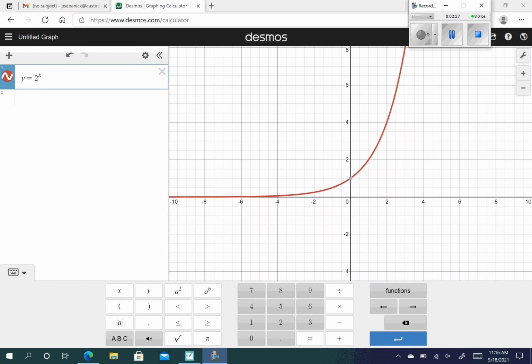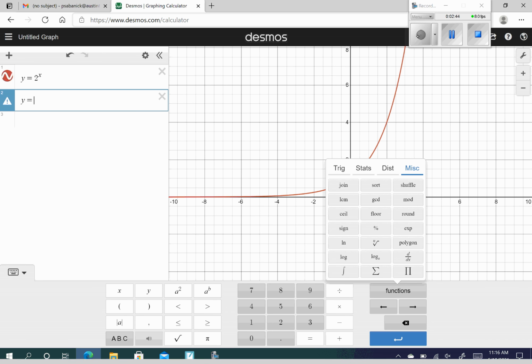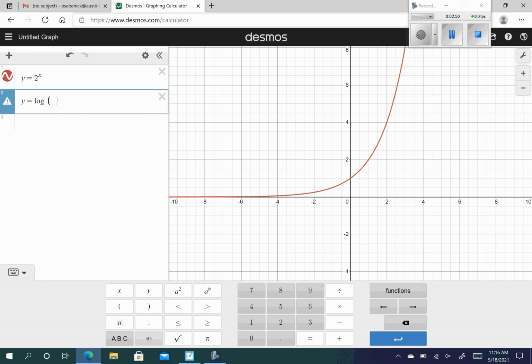Okay, so just showing you at first, here is the exponential function y equals 2 to the x. Again, under functions, you should be able to see the log. So I'm going to do y equals. If you hit functions, it's right here under miscellaneous. We have log base a, so you want to select that.